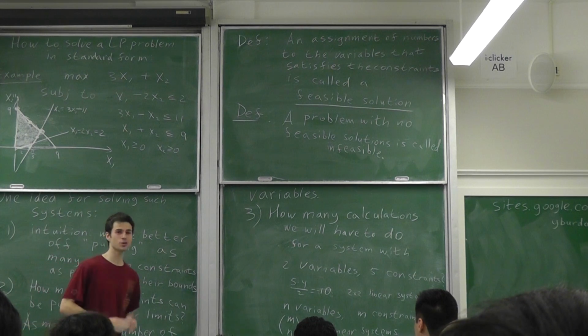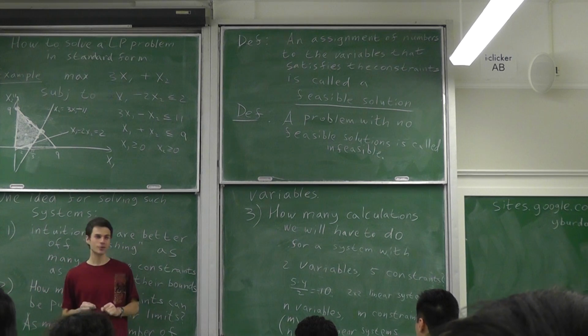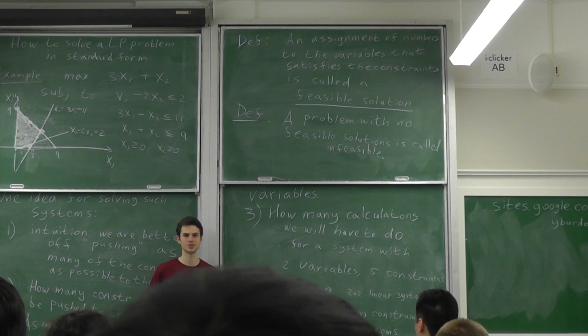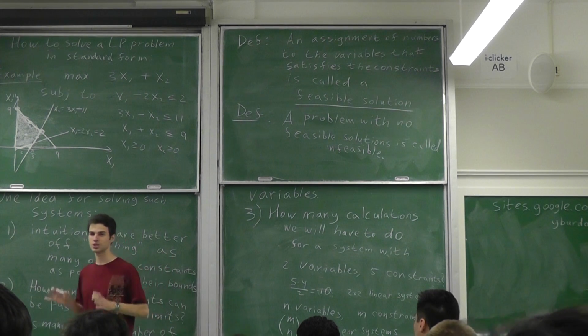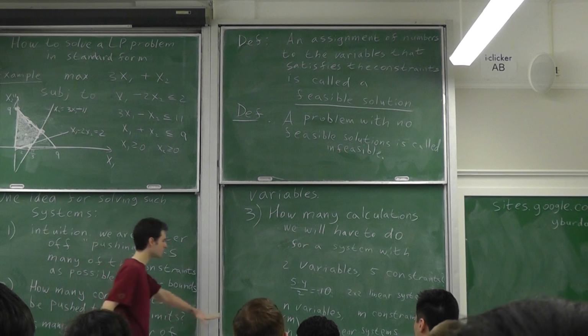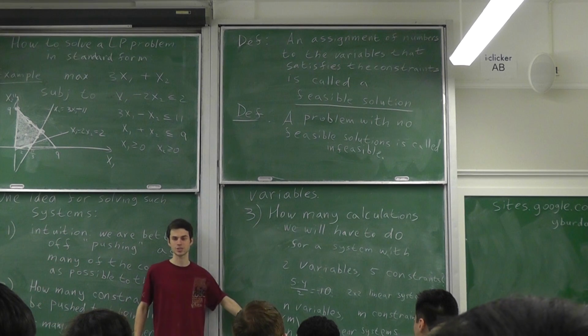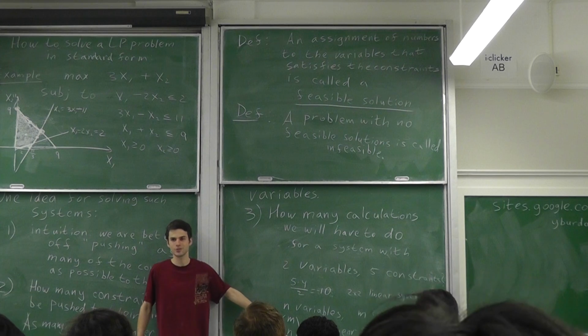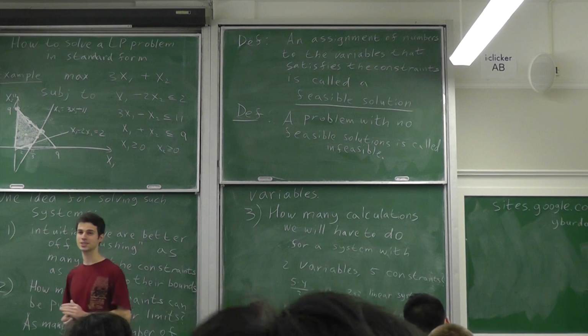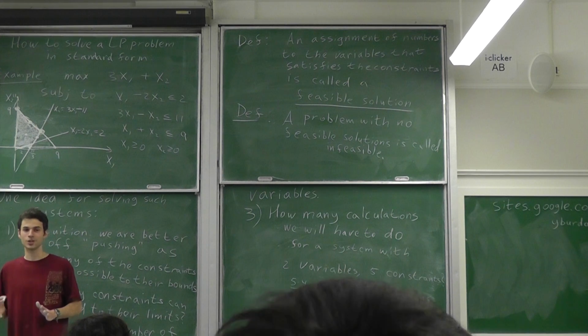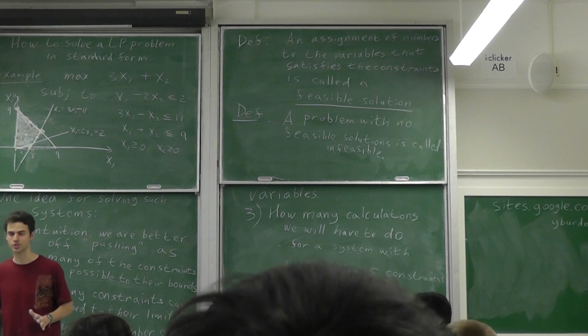Okay, so this algorithm does work. Unfortunately, it is not practical at all. This number, m choose n, is huge in typical applications. So in a typical application, we might have, say, 200 constraints and 100 variables. This algorithm, even a good computer will not solve it.